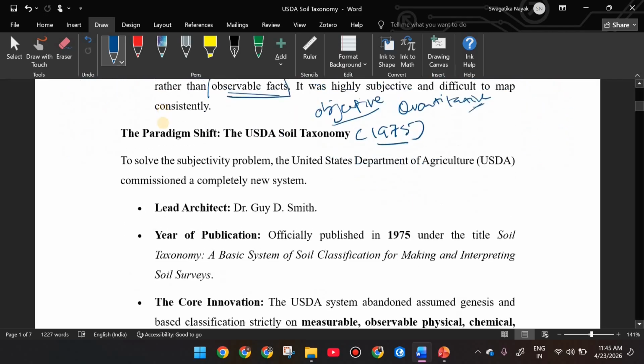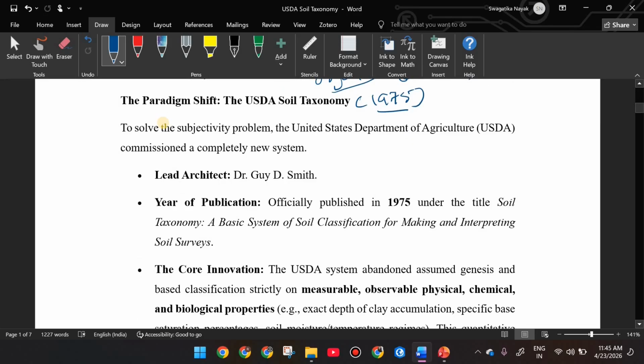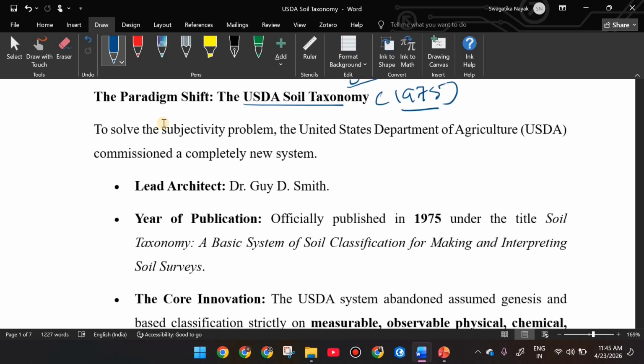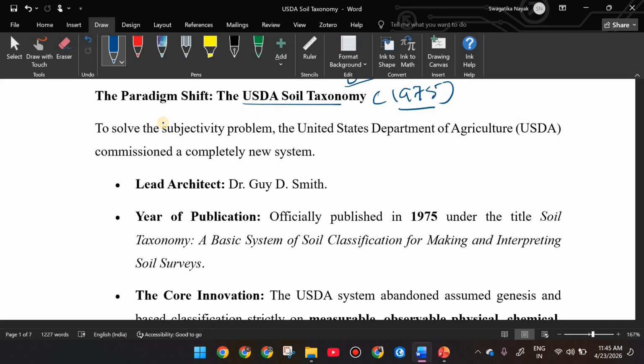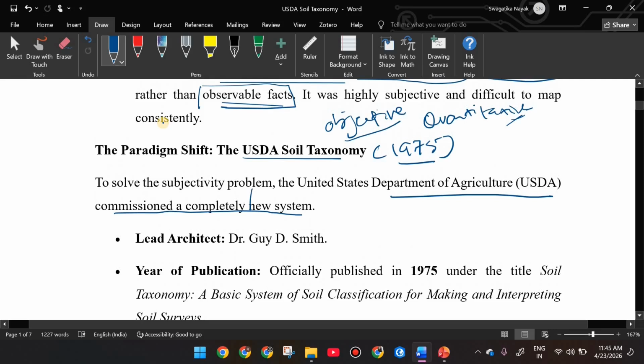Now, the paradigm shift and the USDA soil taxonomy. To solve the subjectivity problem, the United States Department of Agriculture commissioned a completely new system of soil taxonomy. It is not merely a classification, it is a taxonomy.